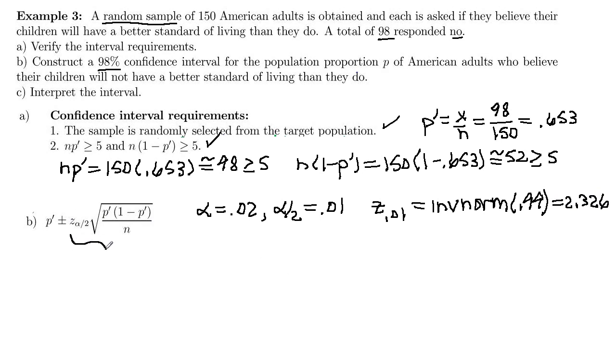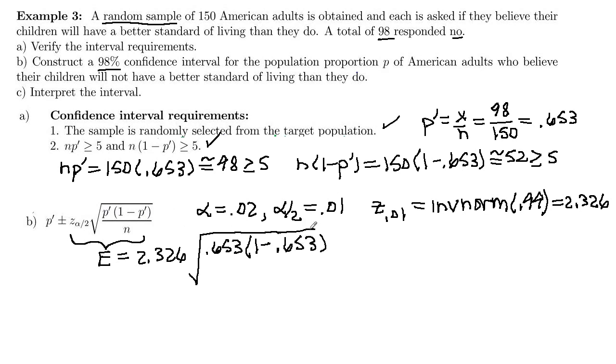Let's go ahead and compute our margin of error. So that is going to be the z value, 2.326, times the square root of p prime, 0.653, times 1 minus p prime, 1 minus 0.653, and then we are dividing by our sample size n, which is the 150.